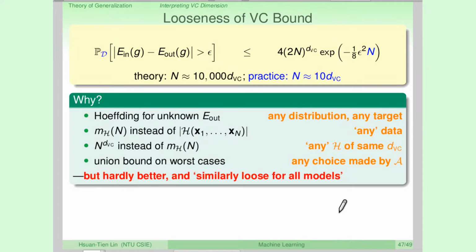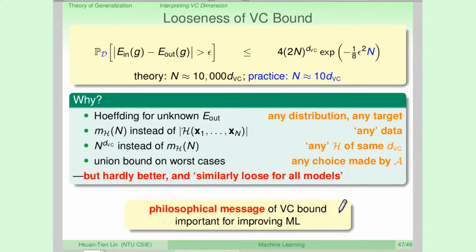But you can still use the VC bound to qualitatively say, your VC dimension is lower, my VC dimension is higher, so we should do some sort of selection and so on to make sure that we're doing the right thing in machine learning. That is, we're teaching you the VC bound for its philosophical message, not for quantitative evaluation. And those philosophical messages, as you will see later, will be important for improving machine learning.